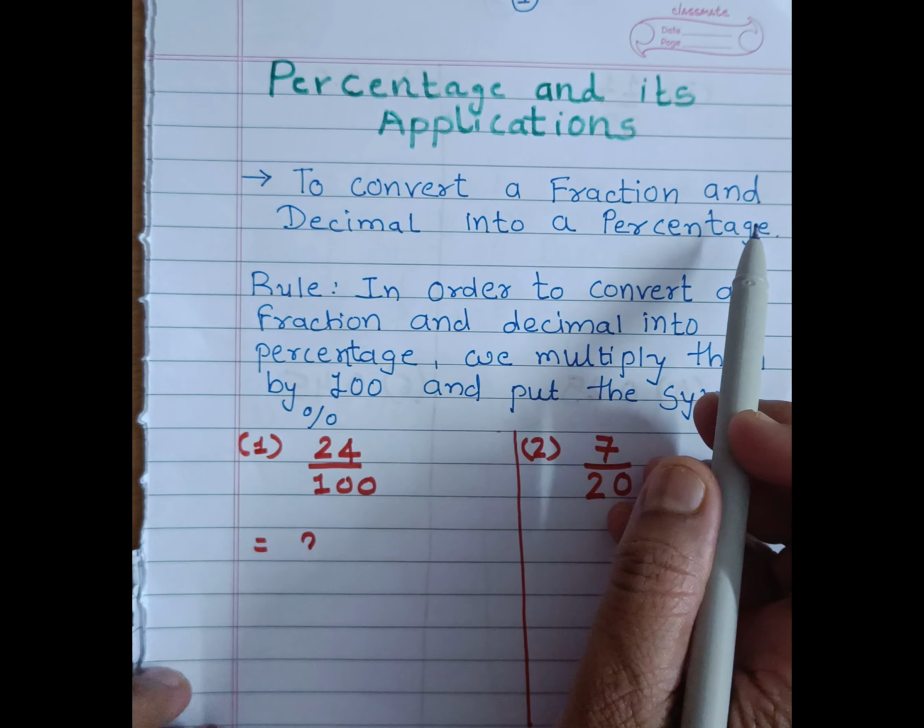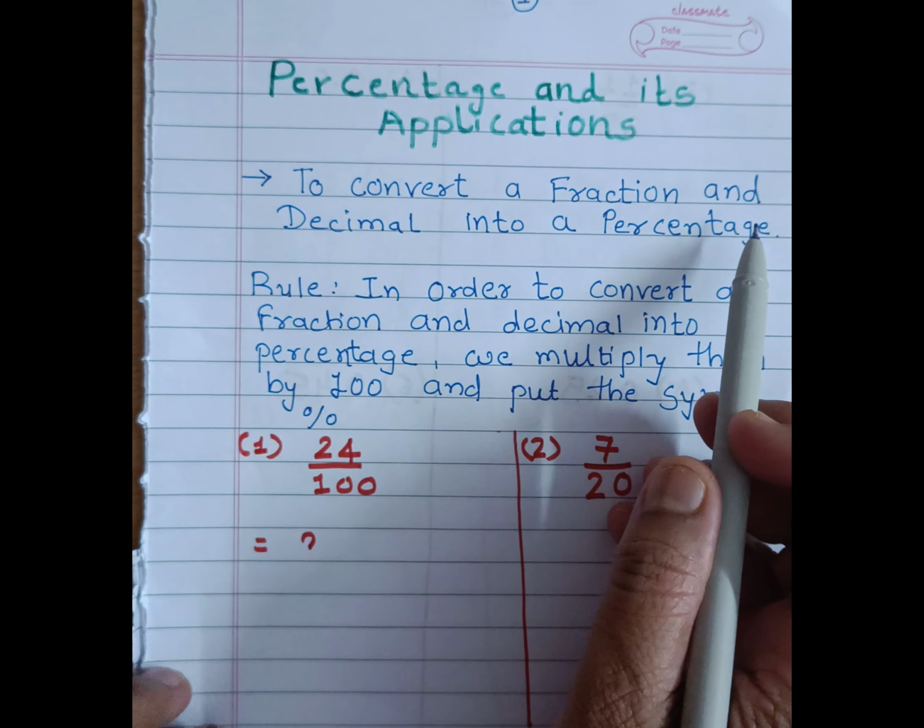Here 55%. We convert this percent into a decimal. Therefore 55% is equal to 55 divided by 100, which is equal to 0.55, which is our answer. 0.55 is the decimal form of 55%.